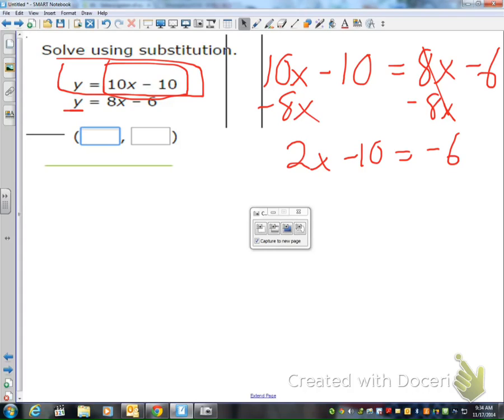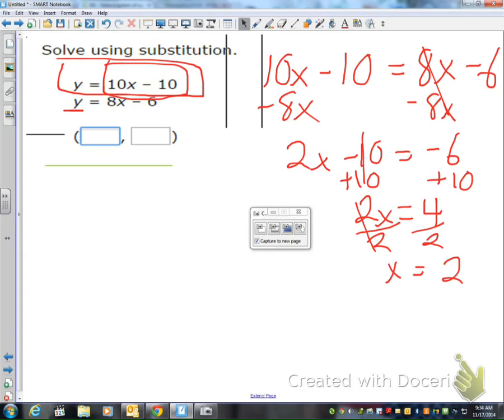Don't forget that it's negative because we're subtracting it, right? From there, I'm going to add 10, so I get 2x equals positive 4. And then I'm going to divide by 2, and I get x equals 2.